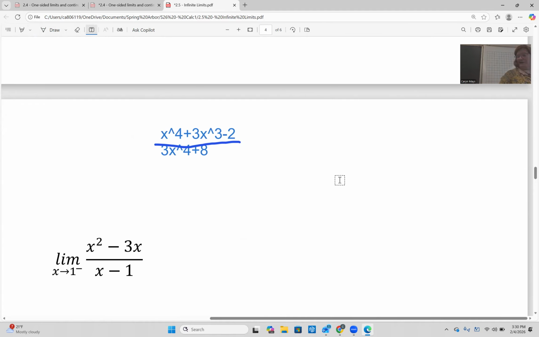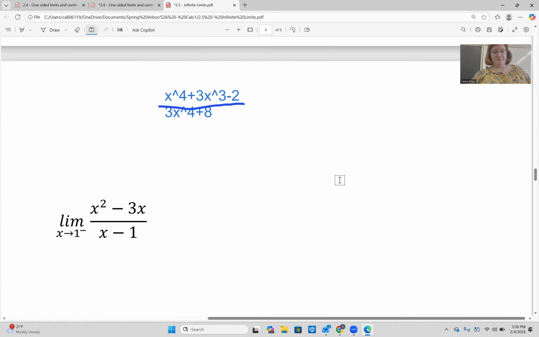I know we will get there, just not in this section, but there is that rule. It is the higher power: infinity if the higher power is in the numerator, 0 if it's in the denominator, and if they're the same, it's the coefficients.